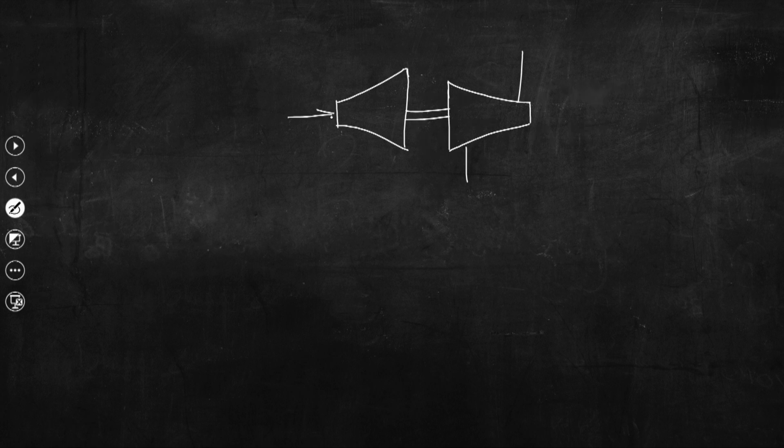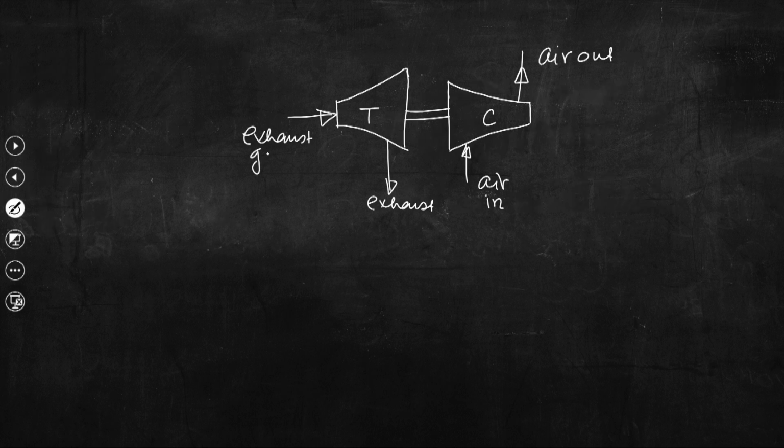This is the compressor, air in, air out. This is the turbine, exhaust gas in, exhaust gas out. So, what we can see here is that air is compressed in the compressor while the exhaust gases expand in the turbine.